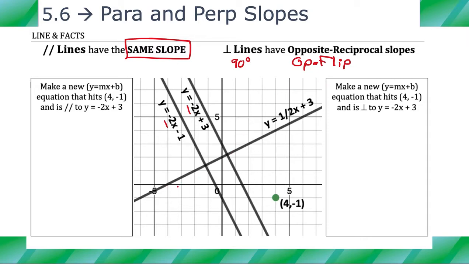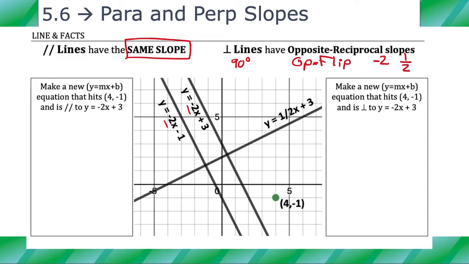So this third line that goes across here has y equals 1/2 x plus 3. That's because negative 2 and positive 1/2 are opposite reciprocals of each other. The negative 2 is negative, the positive half is positive, and they're reciprocals as well. 2 and 1/2 are reciprocals.